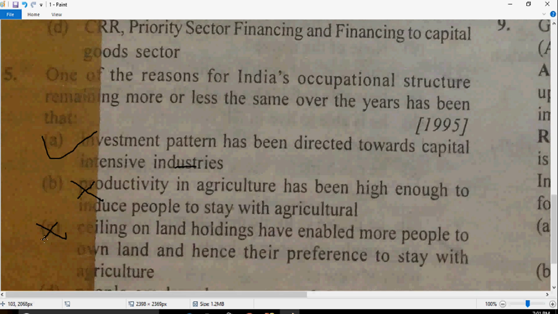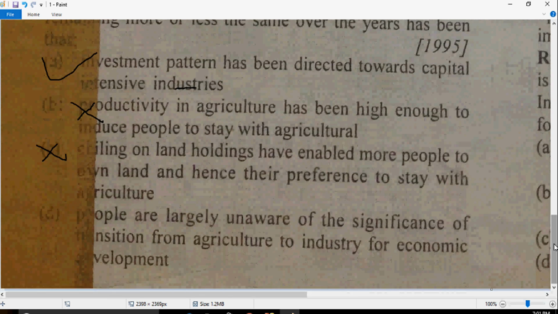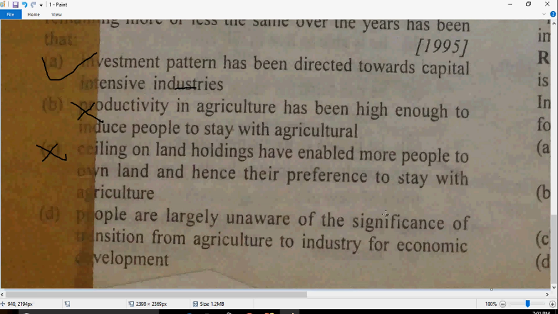That is also wrong, of course. And D, let's have D, is of course wrong, because the people are largely unaware of the significance of transition from agriculture to industry for economic development. No, so that will also be wrong. So D is going to be wrong. So A will be the correct answer.